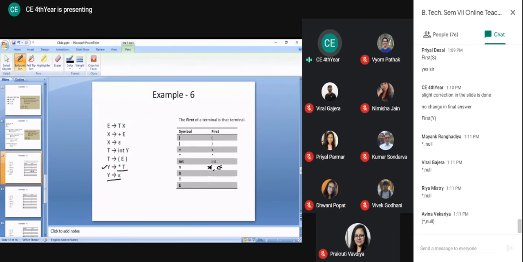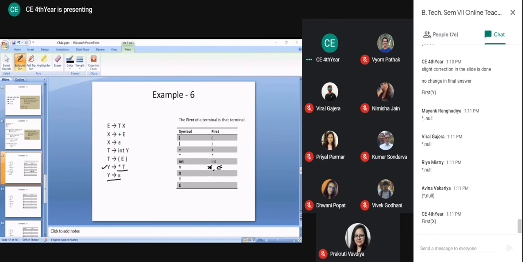Now similarly, if I consider first of x, it is plus and null.